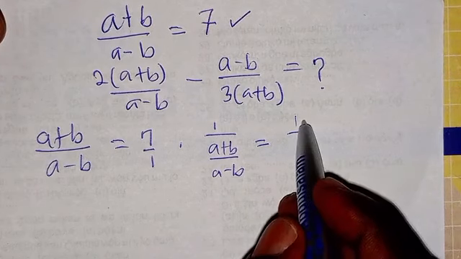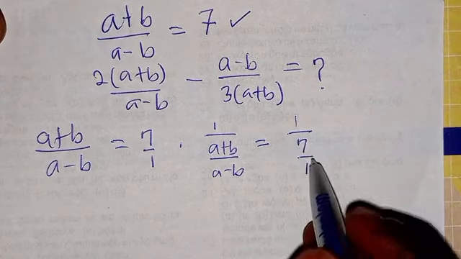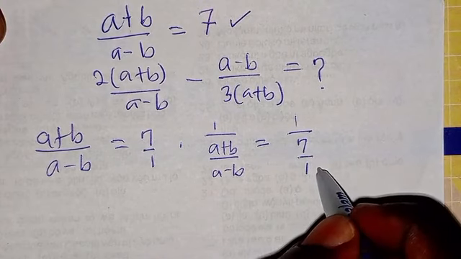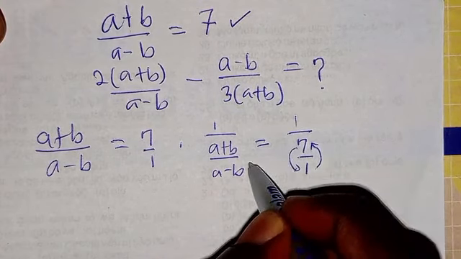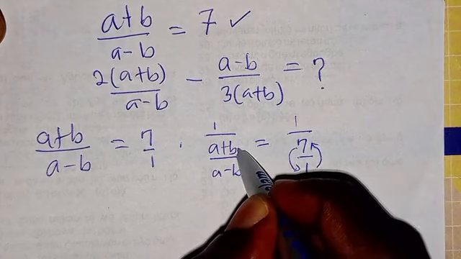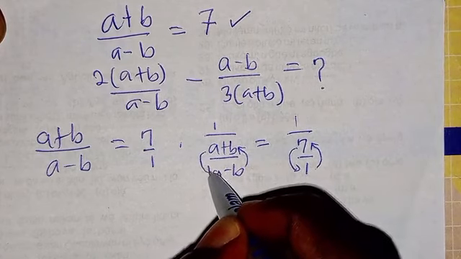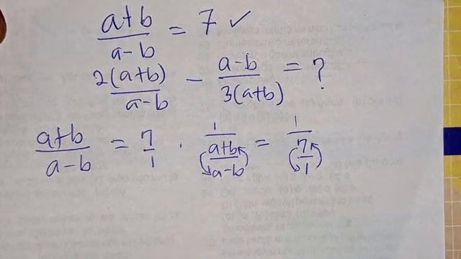So this will go up, 7 will come down, a minus b will go up, a plus b will come down. That is, they are going to be flipped.